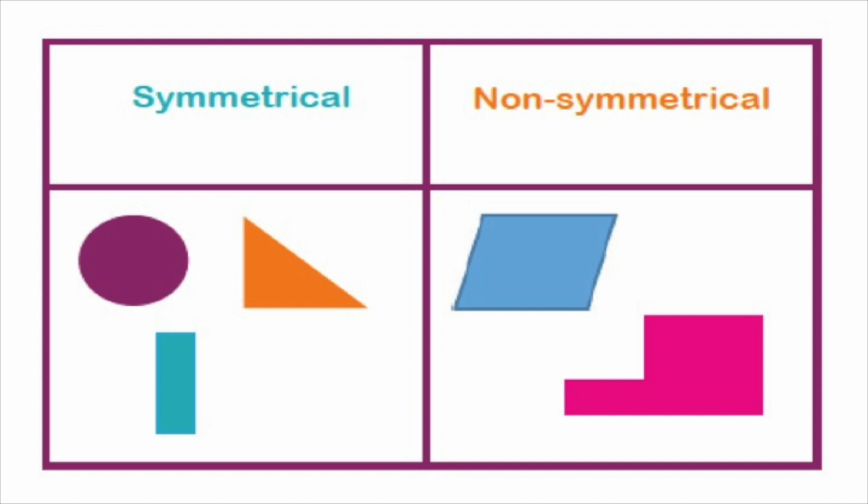Symmetrical and non-symmetrical. You can see the shapes here on the left-hand side are symmetrical. We can draw lines so that they'll both look the same. But these shapes, non-symmetrical.